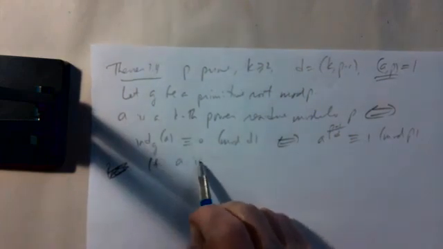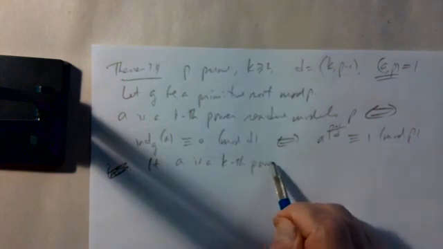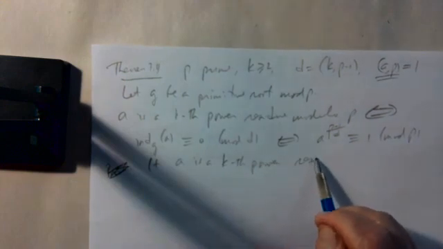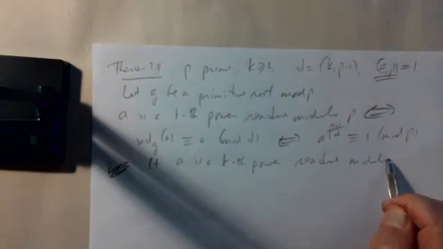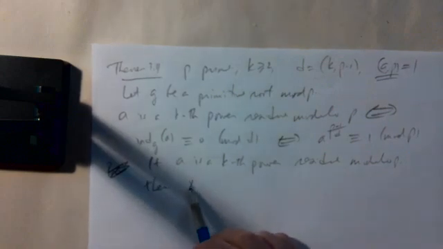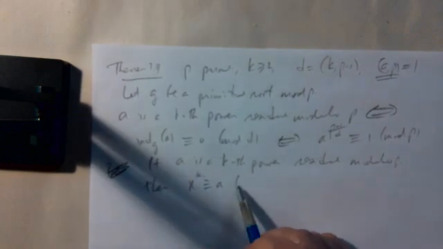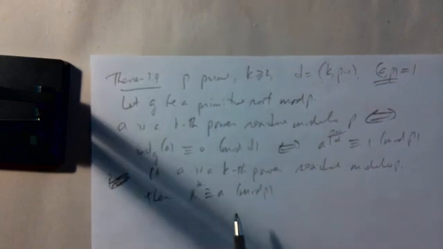If A is a kth power residue modulo P, then the congruence x to the k congruent to A mod P, we know there's at least one solution.